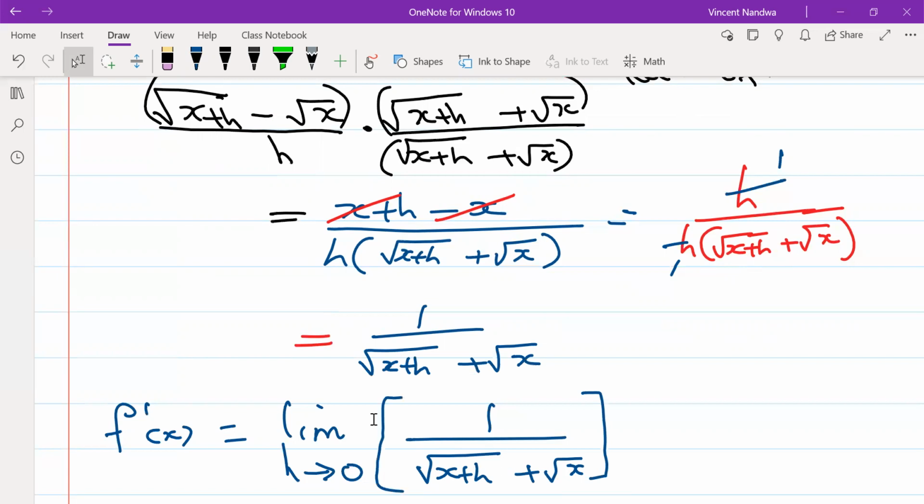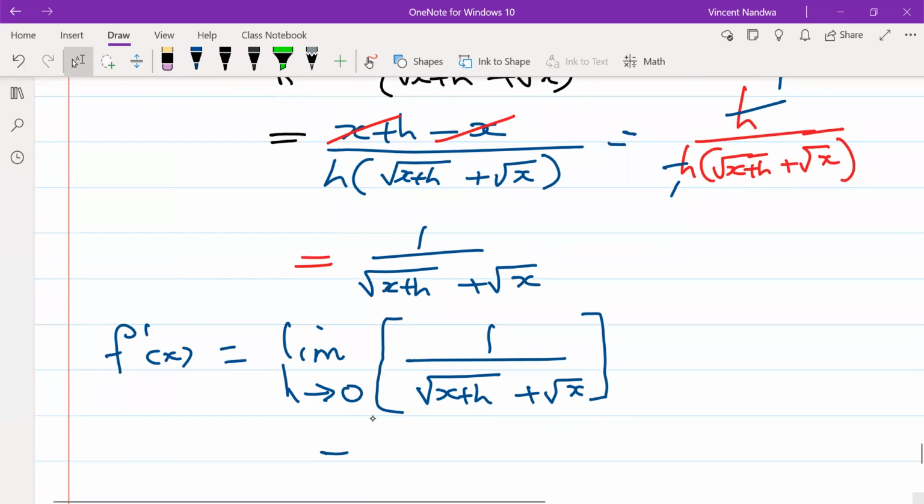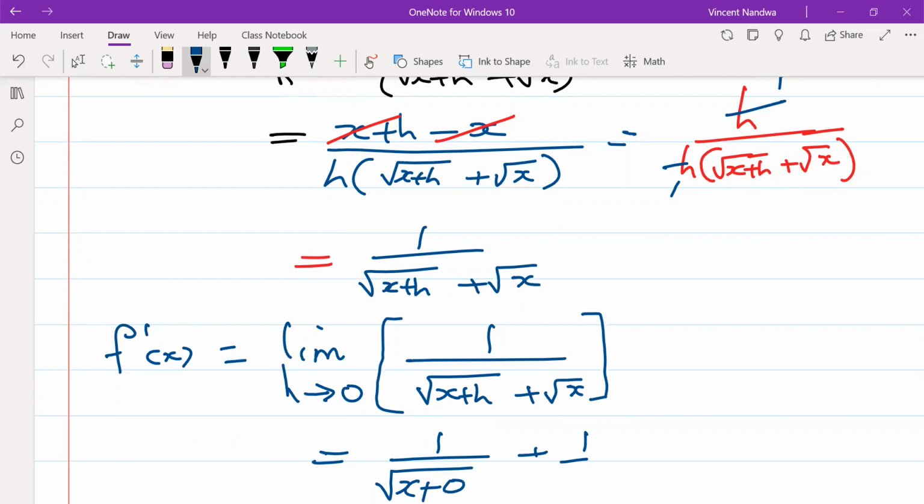We can be fair to replace the 0 before you do the final answer.